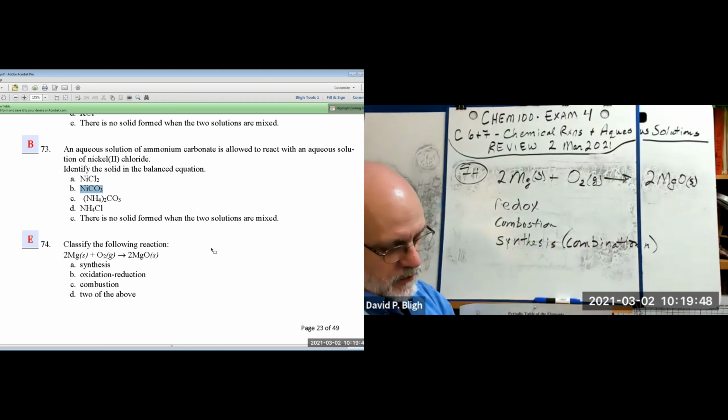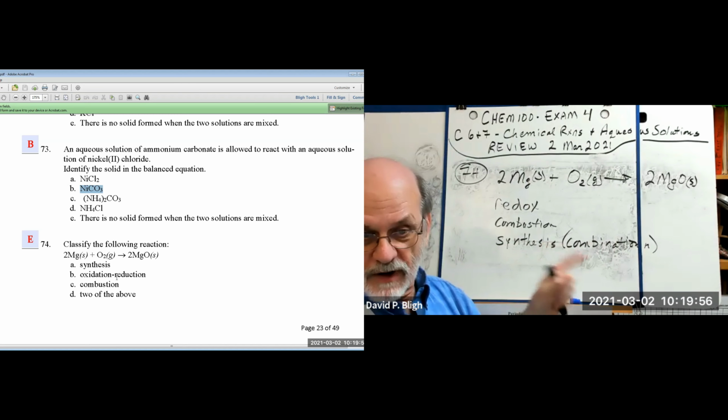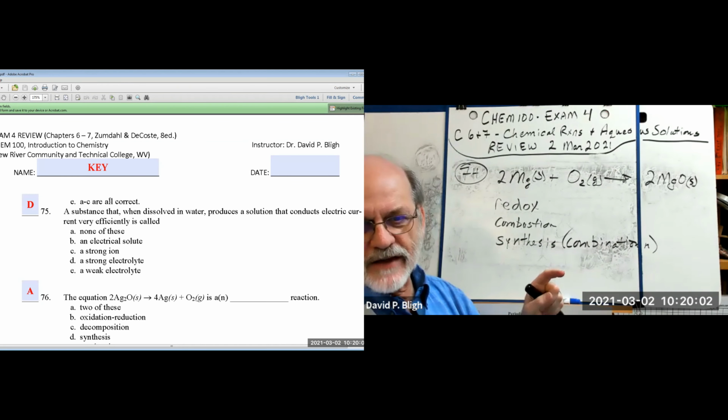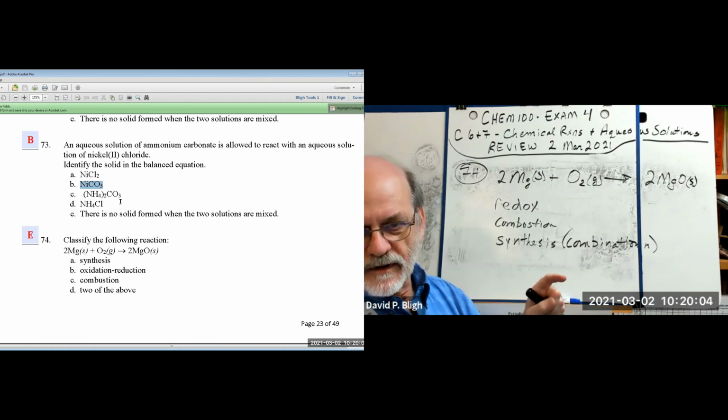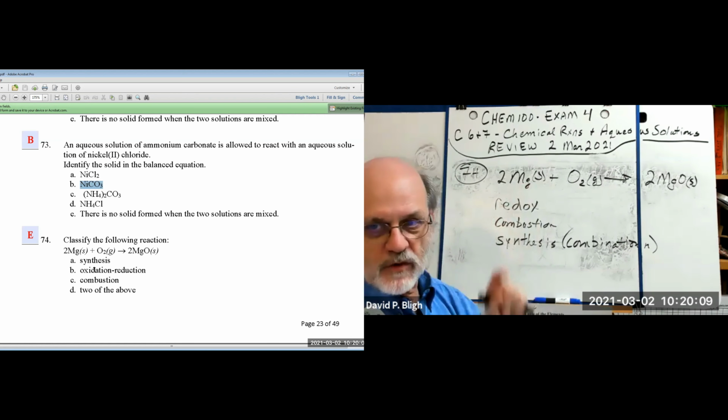So let's see what we have to choose from in our answers. Synthesis is there. Oxidation reduction is there. Combustion is there. Let's see, we're missing a choice. Must be on the next page. There it is. A through C are all correct. Every one of those is a classification for this reaction.